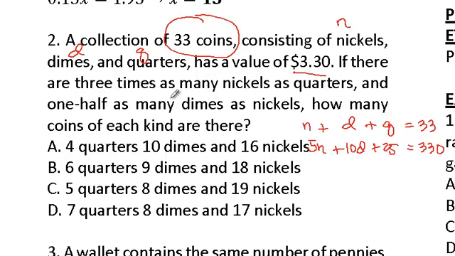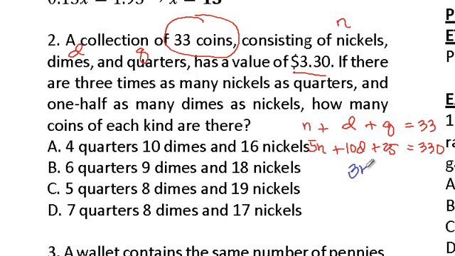There are three times as many nickels as quarters. Again, 3n equals q, right? Which is more in numbers, nickel or quarter?